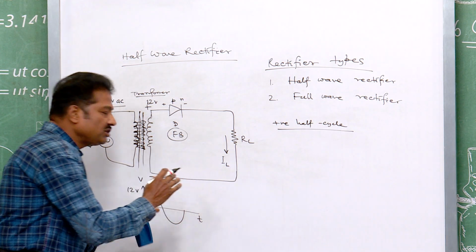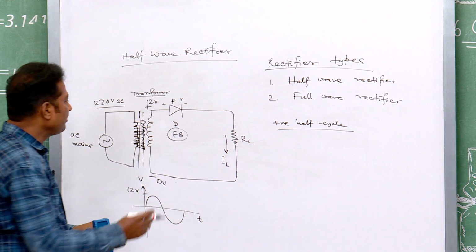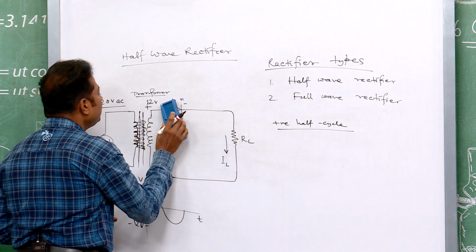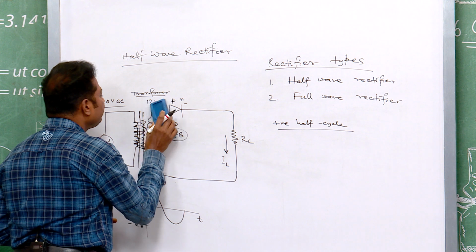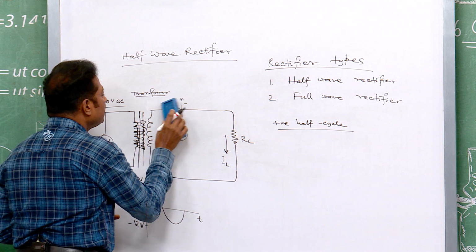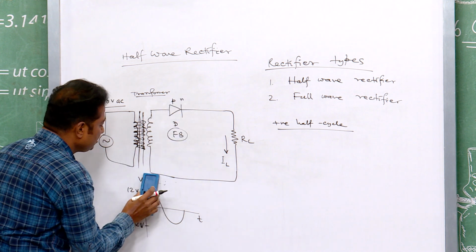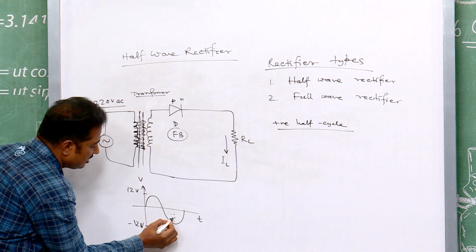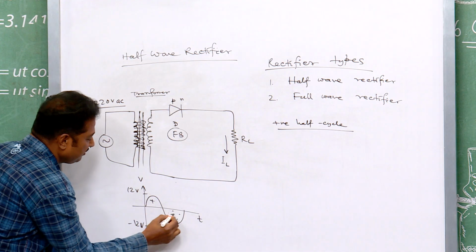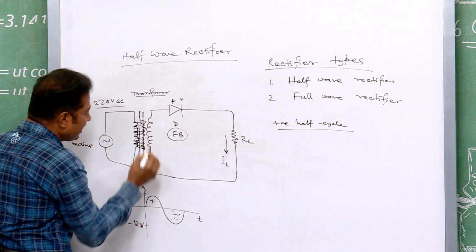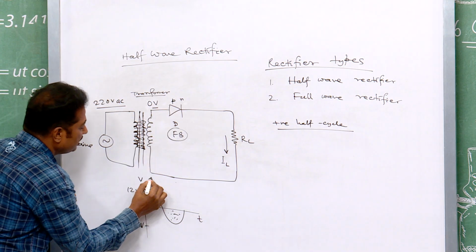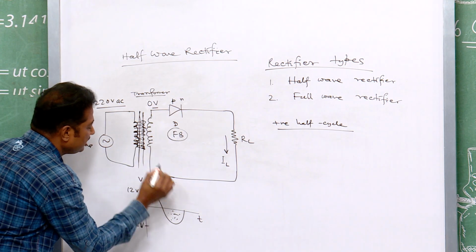You now switch over to the other half cycle. Other half cycle means negative half cycle. So, when it is negative half cycle, the situation changes. How does it change? This side will be 0 volt, this side will be 12 volt, this is positive.